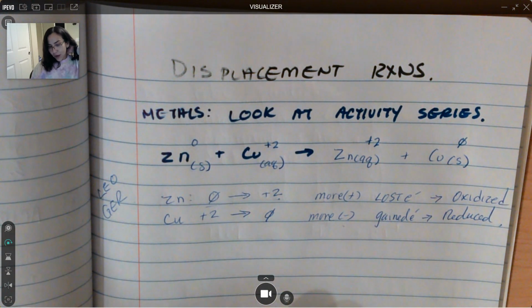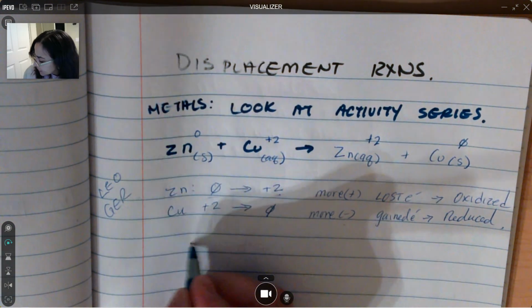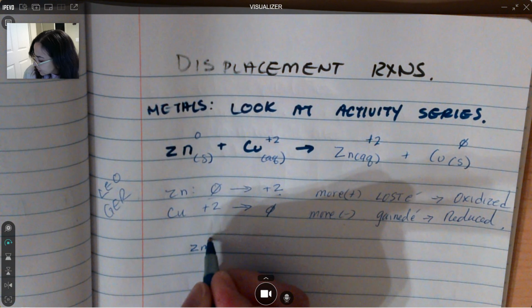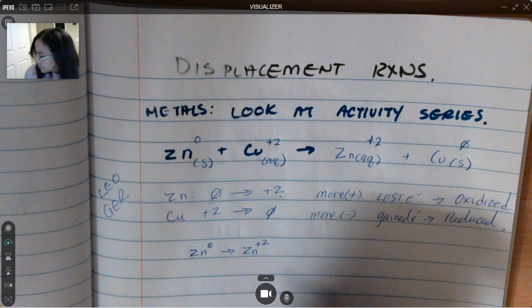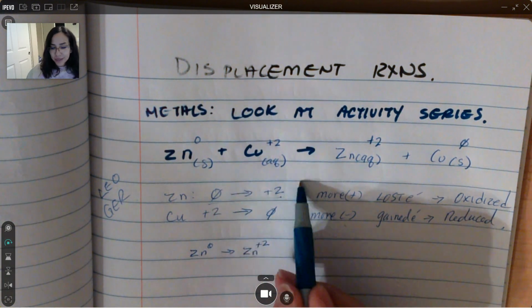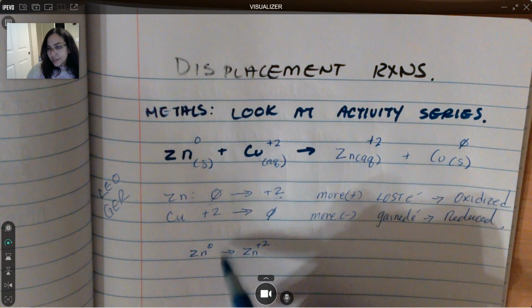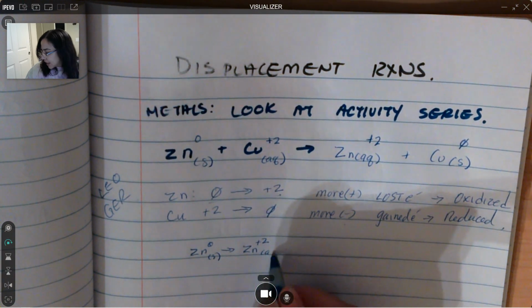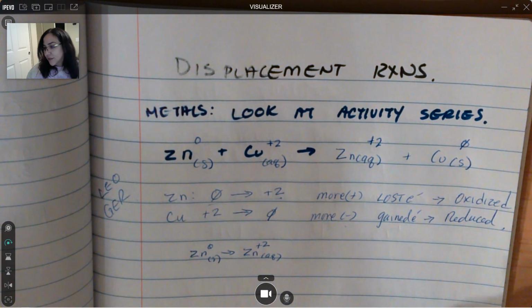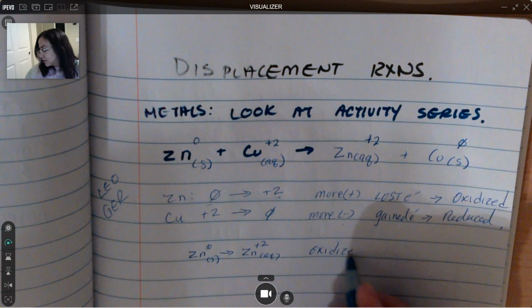When you write your half reactions, you are going to write half reactions like this. Zinc 0 turns into a zinc +2. So it's the same thing that we were doing here. The other thing is that you also want to indicate the states that they're in. So this one is a solid, and now this is aqueous. Okay, so that would be the half reaction, and you indicate that it's oxidized.